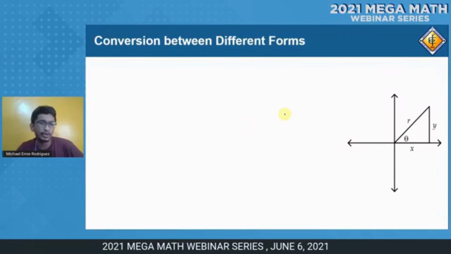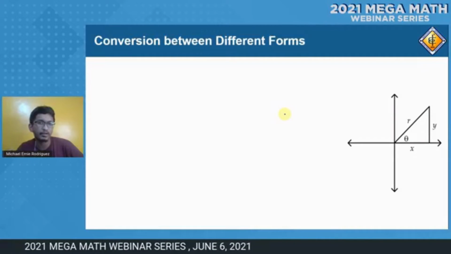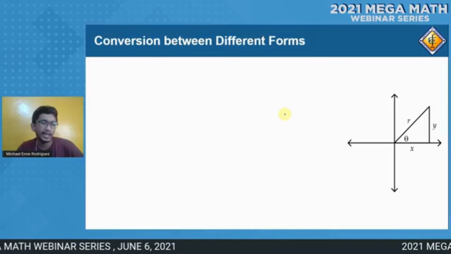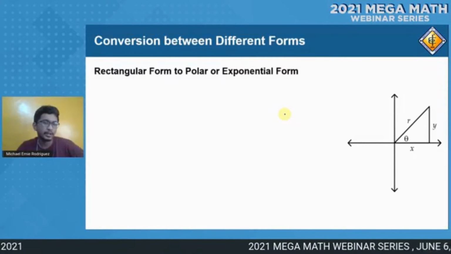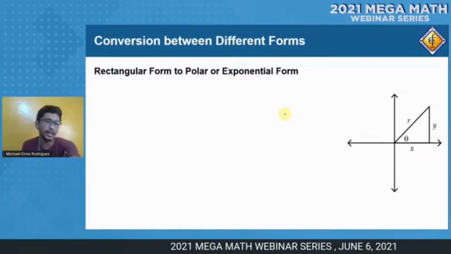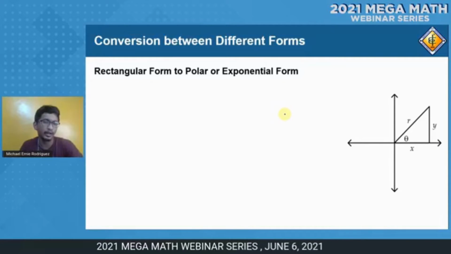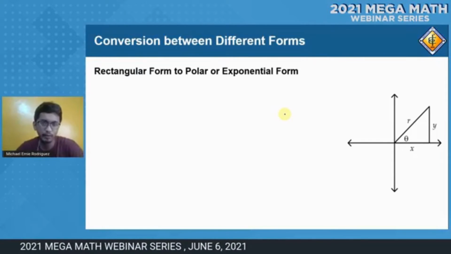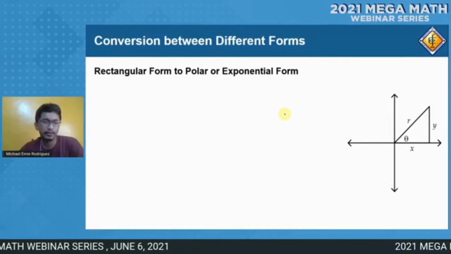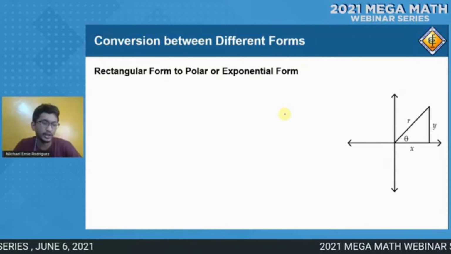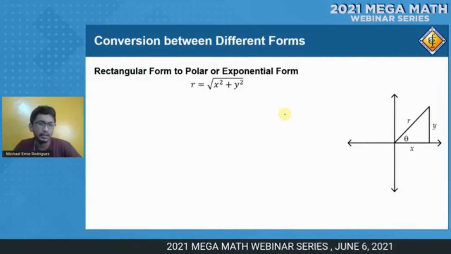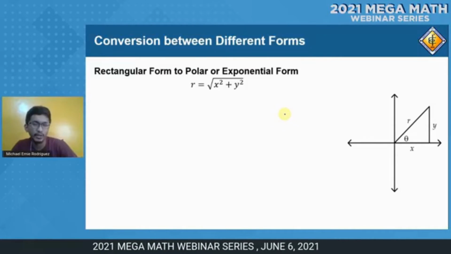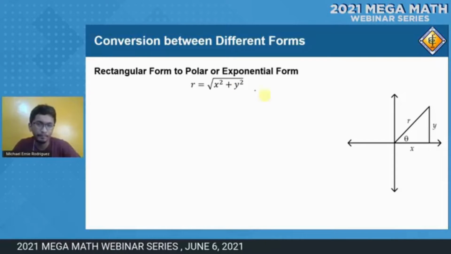Meron din tayong conversion kasi meron tayong mga forms, di ba? Iba-ibang forms. So we can convert between the different forms. Una is convert tayo from rectangular form to polar or exponential form. So to convert rectangular form to polar or exponential form, yung r natin, that is again square root of x squared plus y squared, by using Pythagorean theorem.